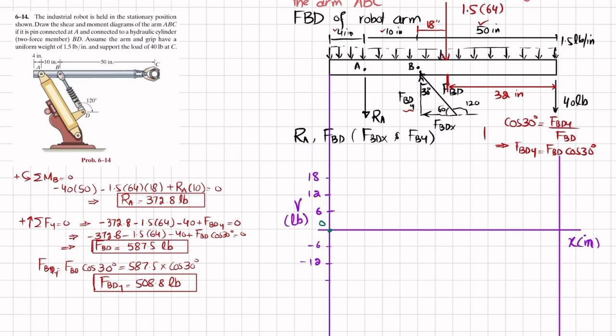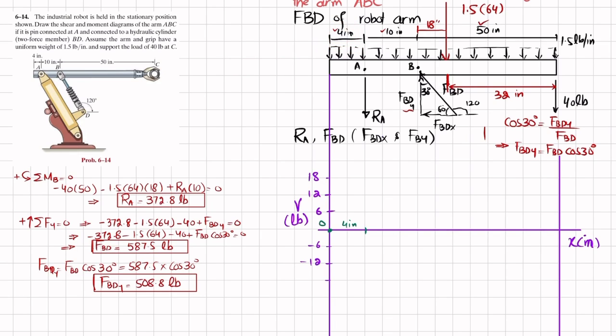Now at a length of 4 inches, there is a uniformly distributed load, and this load is 1.5 pounds into 4. So 1.5 into 4 will be equal to 6, and this 6 will be minus because this is downward.